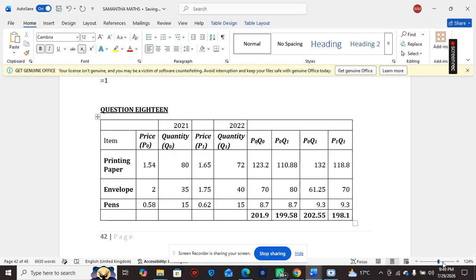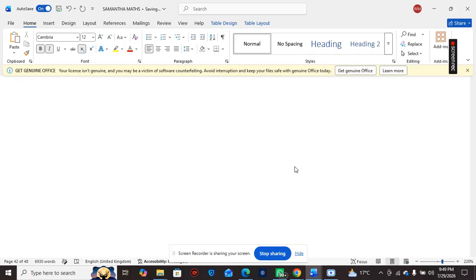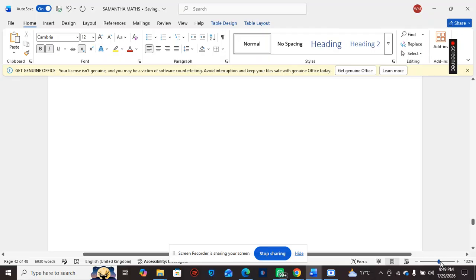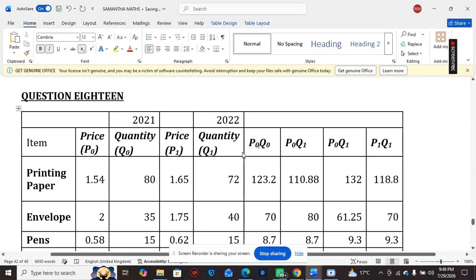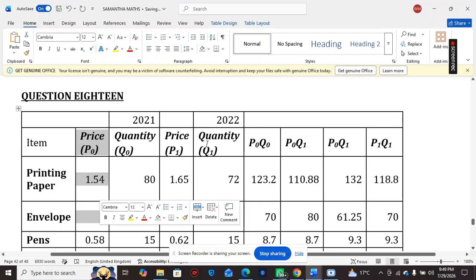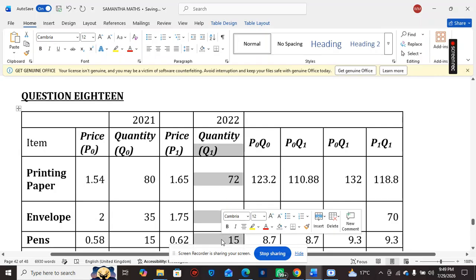We're multiplying 2021's prices with 2021's quantities. Then have you seen here this P0Q1? We're using 2021's prices with 2022's quantities.